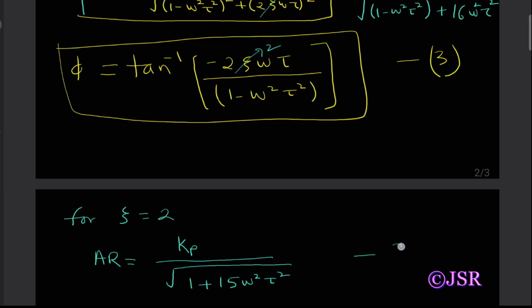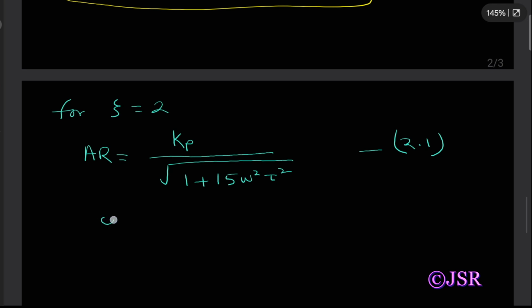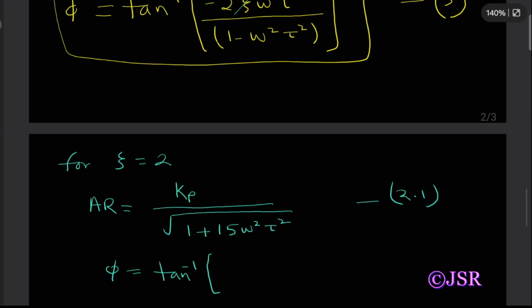This will be equation number 2.1, and the phase shift will be equal to tan inverse minus 4 omega tau upon 1 minus omega square tau square. This is equation number 3.1.